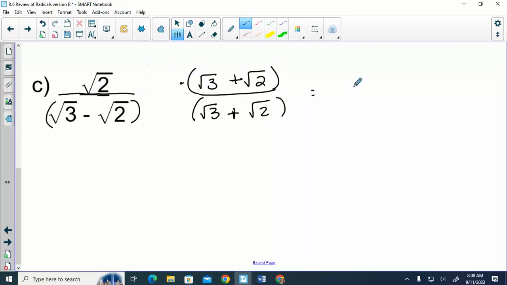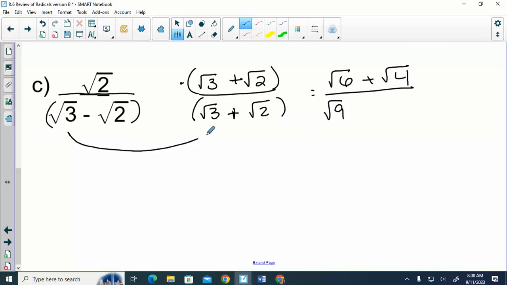So on the top, square root of 2 times the square root of 3, that's the square root of 6, plus the square root of 4. On the bottom, when you FOIL, you get the square root of 9, plus the square root of 6, and minus the square root of 6. Cancel. Minus the square root of 4.